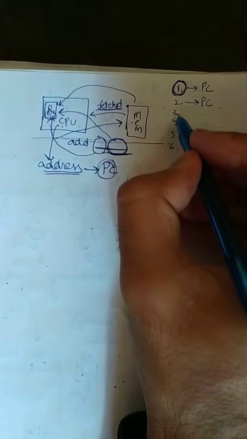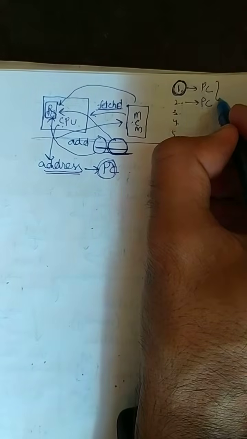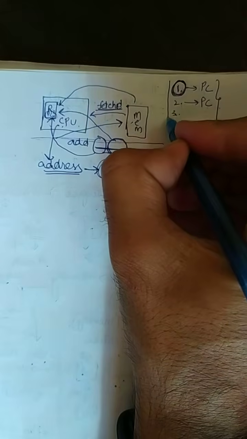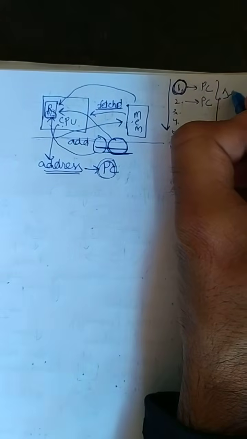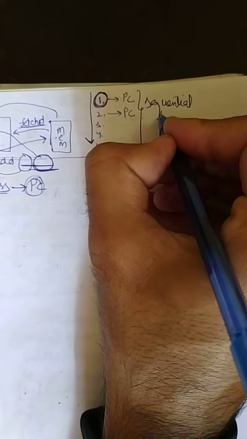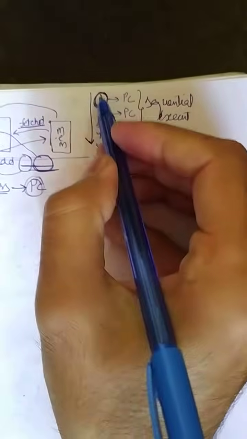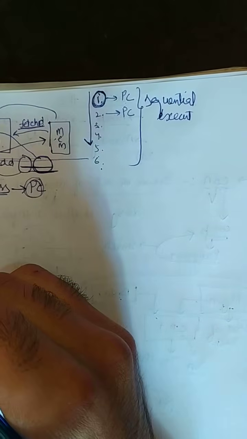Then 3, then 4, then 5, then 6. This execution is called sequential execution. It follows the program order.